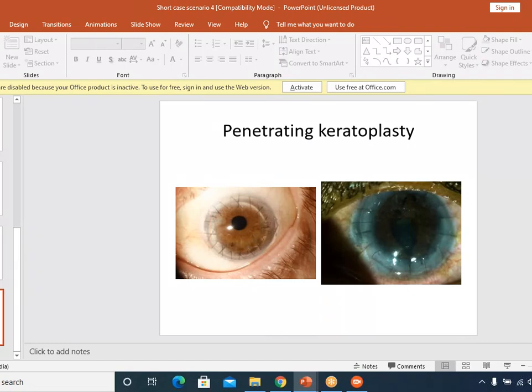So you will be seeing many cases which may not be kept in the exam, like corneal ulcer, fungal keratitis, bacterial keratitis, keratoconus, proptosis, seventh nerve palsies, and refractive errors. So many things will be there other than these cases which are kept in the exam. They will start talking to you about those cases.